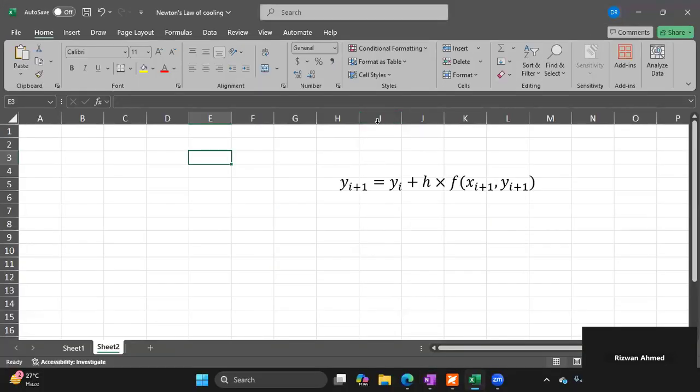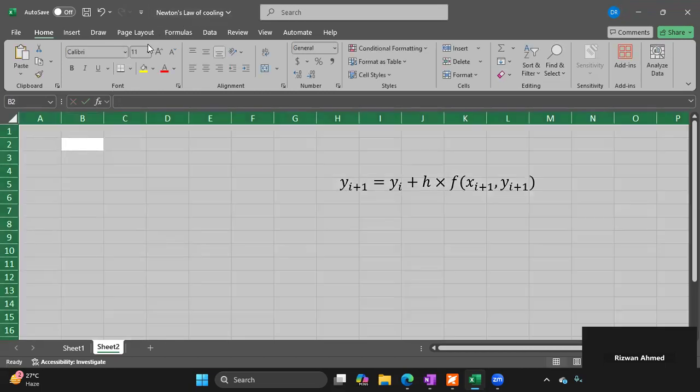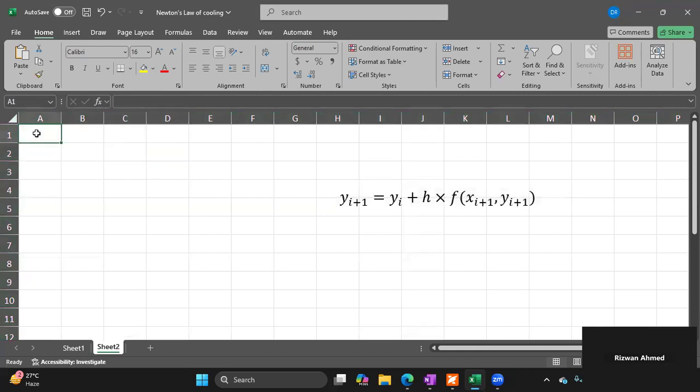So I have the spreadsheet, and I start by writing the cells. This is the time domain, X, which is in units of time.